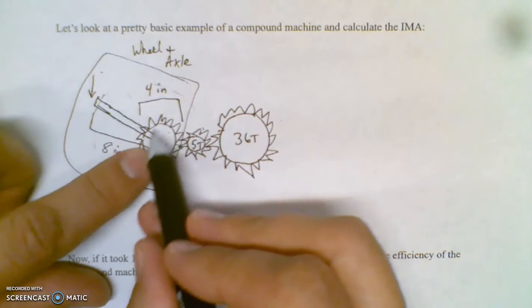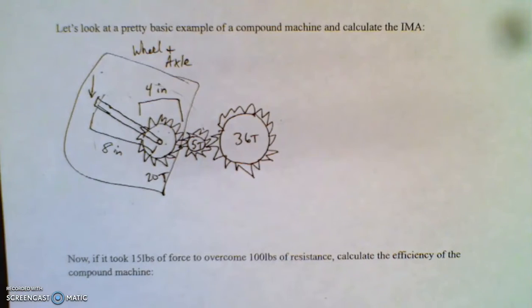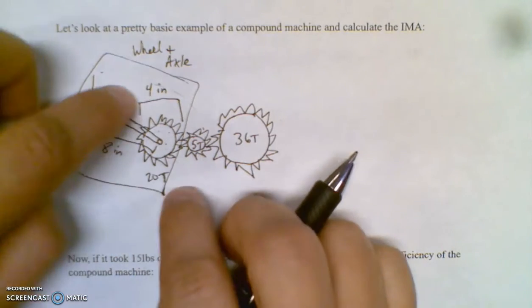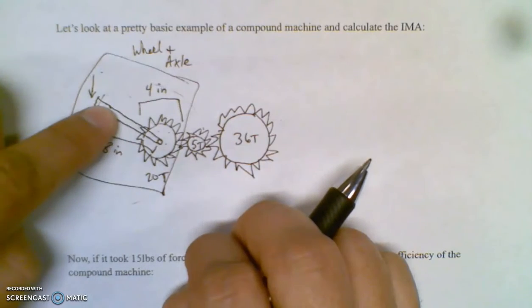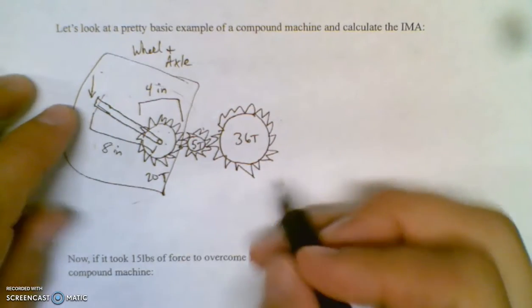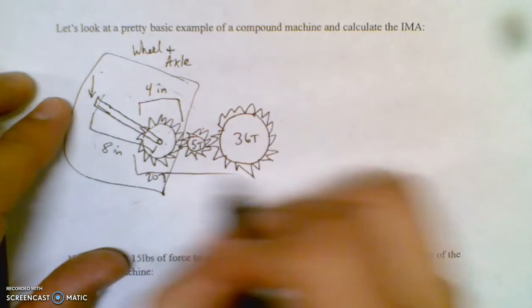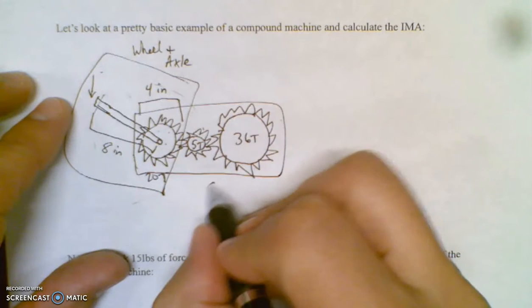And inside is our little axle. Even though it doesn't look like that, pretend this is spinning super fast, and you'll see that wheel and axle. The second thing you have is here, and this is a gear train.